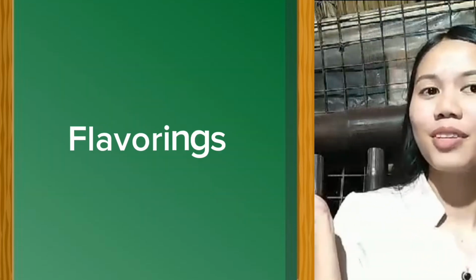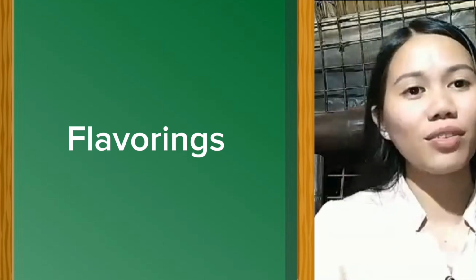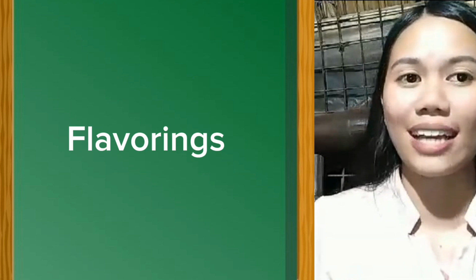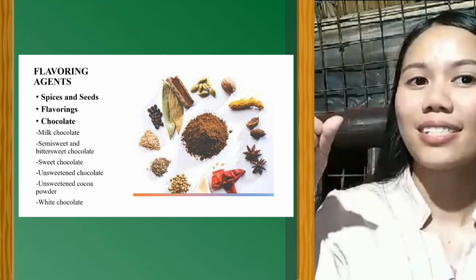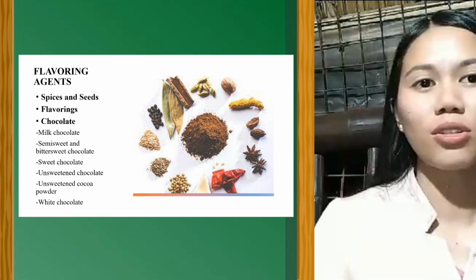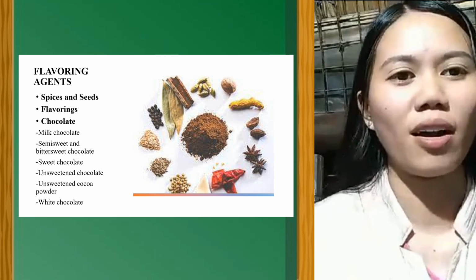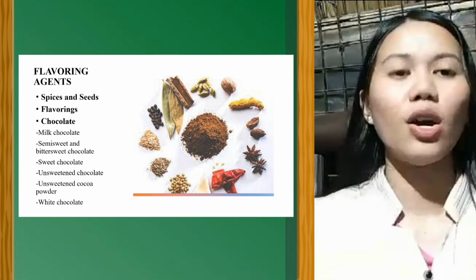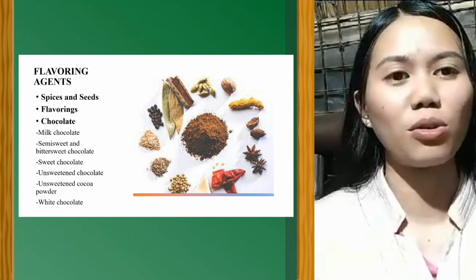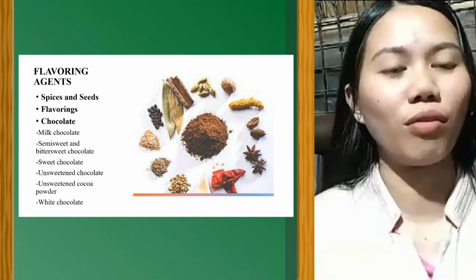So, let's proceed to the minor ingredients needed in basic baking, which is the flavoring agents. So, flavoring agents has three kinds. You can use the spices, the flavorings, and also the chocolates. So, spices is kapag gusto mo ng aromatic smell sa iyong baked product. While yung mga flavorings naman is also like kung anong gustong flavor ang gusto mo.